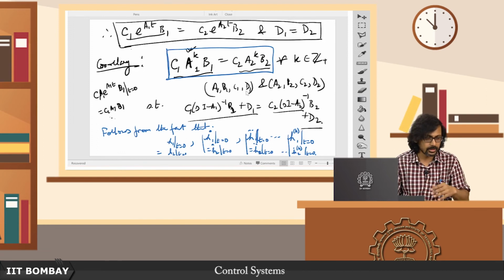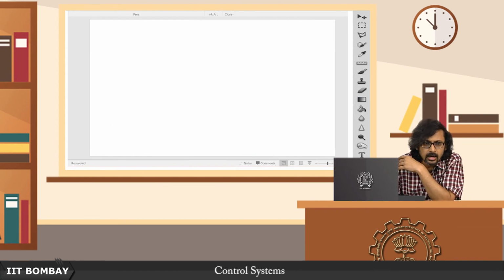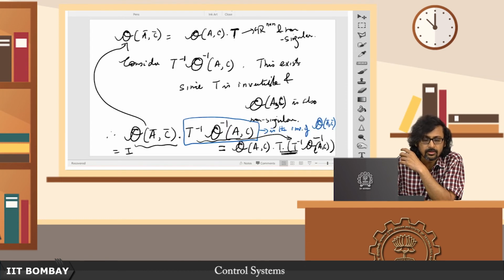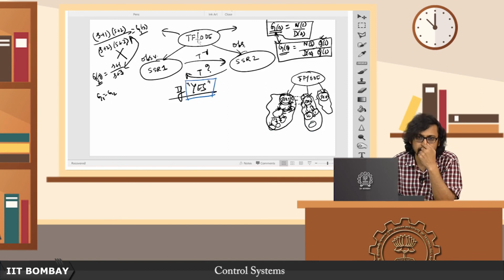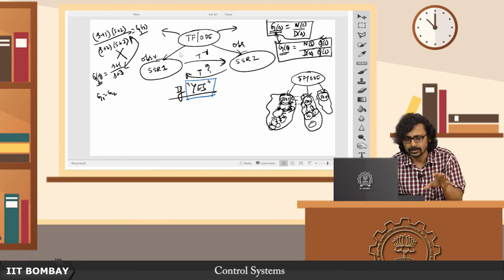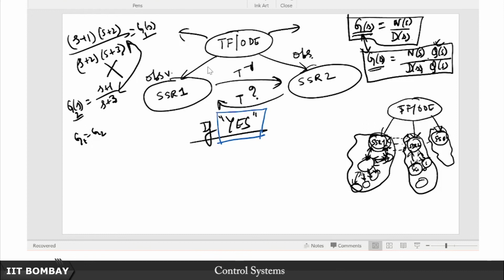So this is an important stepping stone to what we are going to derive hereafter. Now after a bit of this digression, let me focus our attention back to the original question we started off with, which was that if you start from this transfer function or this ODE and you obtain an observable realization, and I obtain another observable realization, both of us will eventually get two realizations which are transformable from one to the other through a similarity transformation.